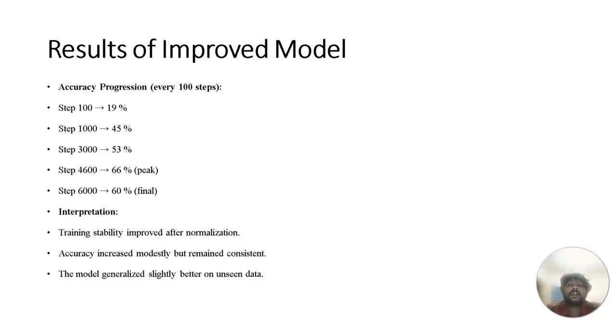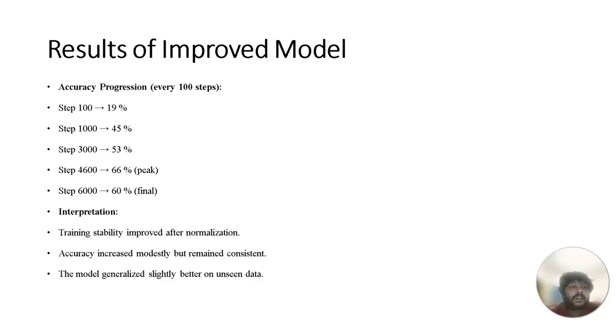As I've told, at step 100 it shows 19% accuracy, which is normal since it was just beginning to learn. By step 1000, the model reaches 45% accuracy.